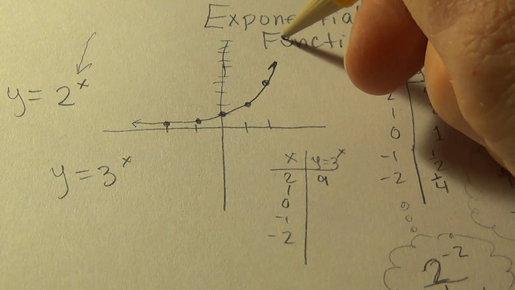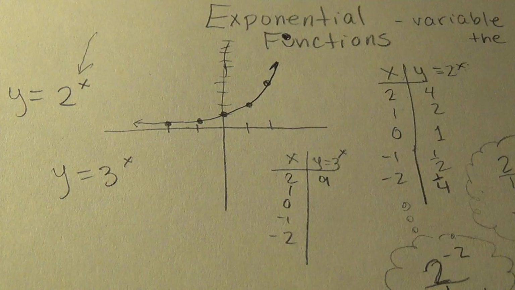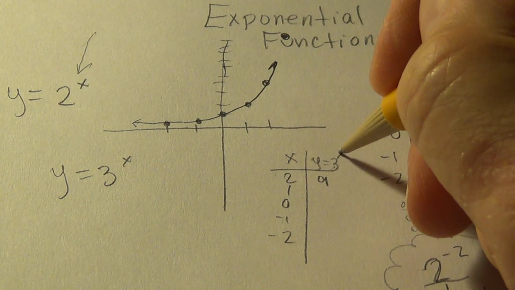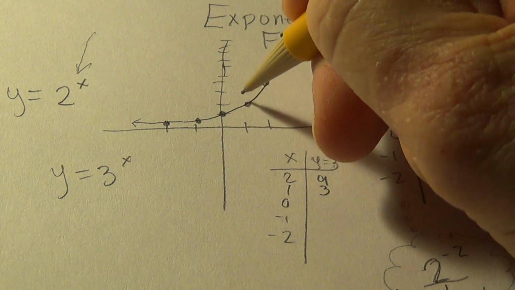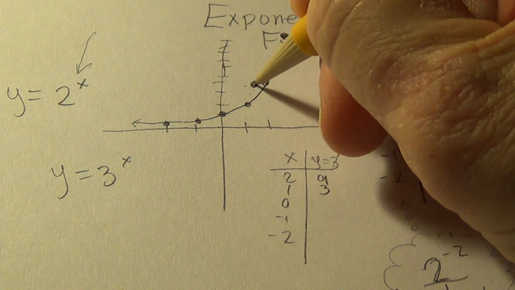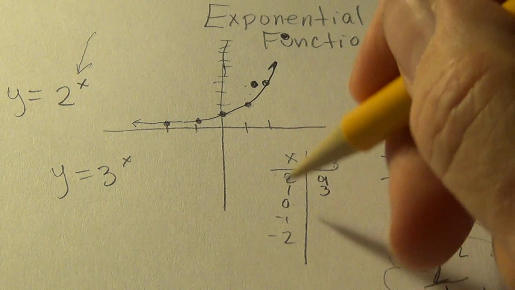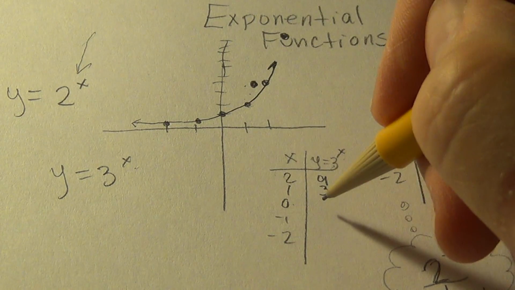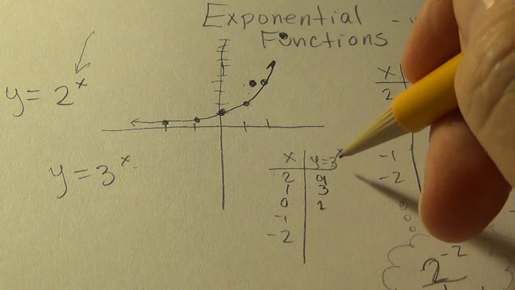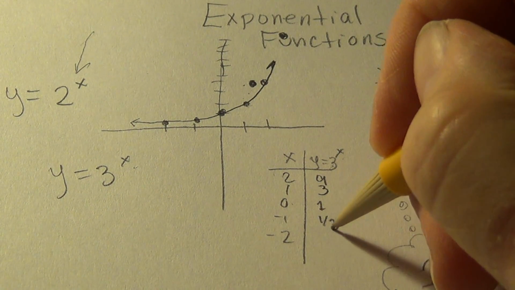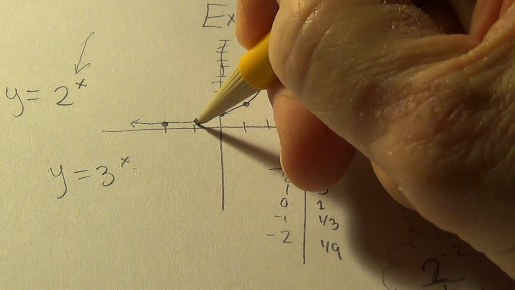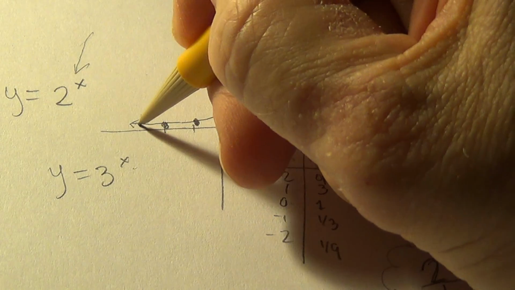And 3 to the 1 is 3. 1, 3. 3 to the 0 is 1, so this point again. -1 becomes 1/3, and -2 becomes 1/9.